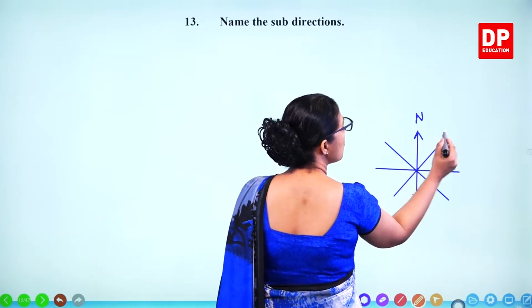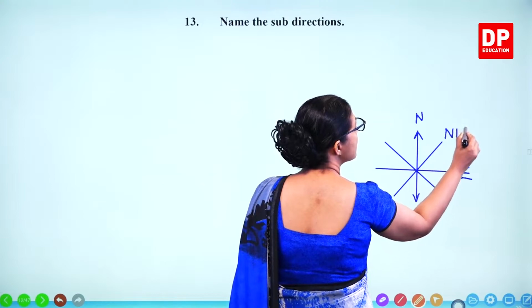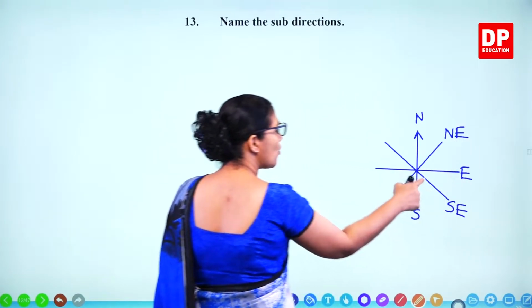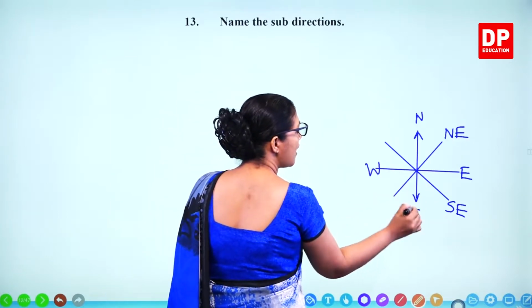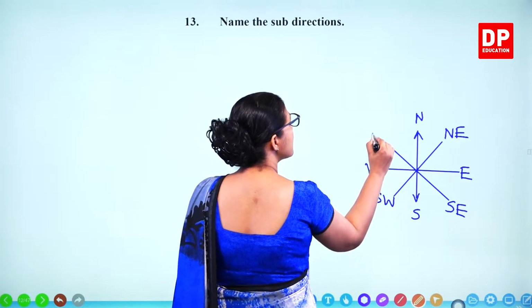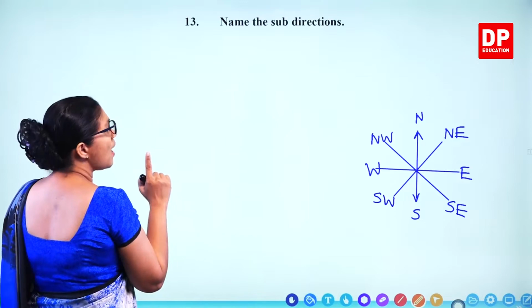So we say this one is in between north and east. So northeast. This one southeast. In between south and east. In between south and west, we call southwest. In between north and west, we call northwest. So what are the subdirections?